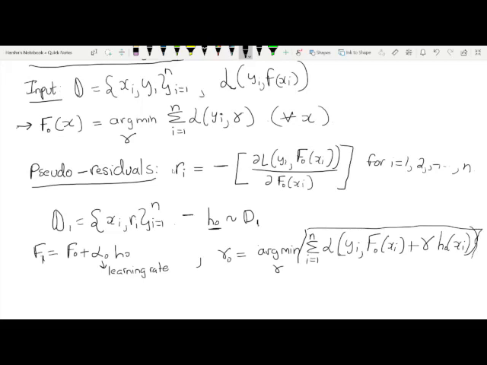You can think of this value as the total loss. If you think of this quantity as a new model that depends upon gamma, we're trying to minimize the total loss this model commits, and we're choosing the gamma which commits the least error.